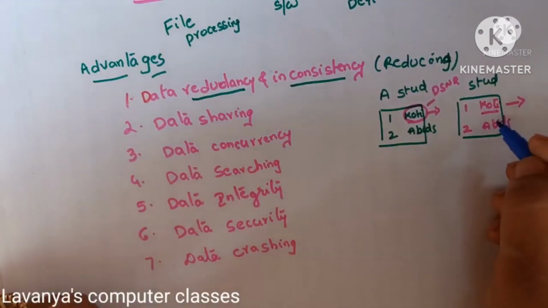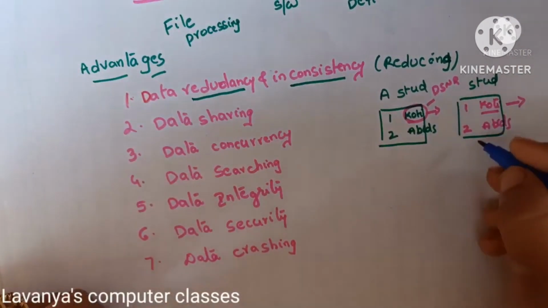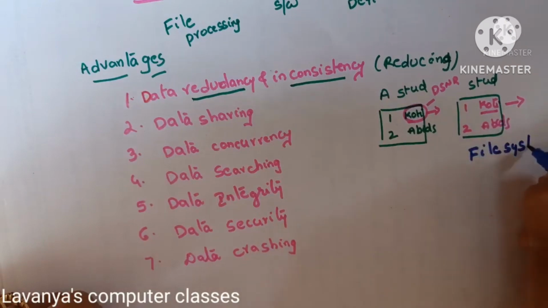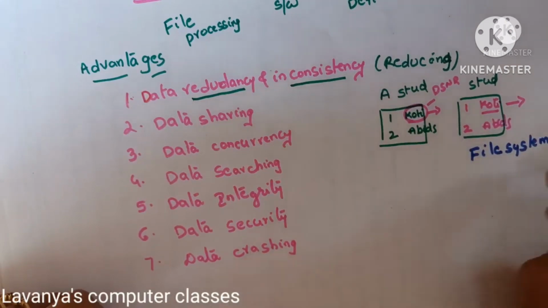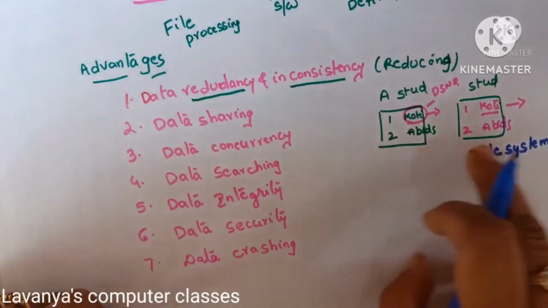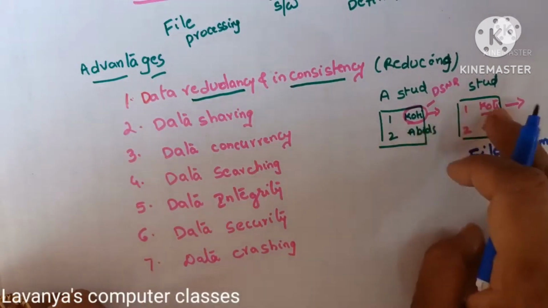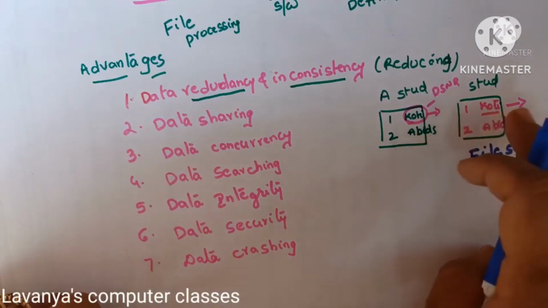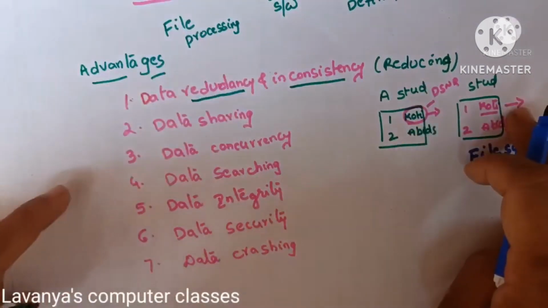So these are the problems in the traditional file system. Why? Because in the traditional file system data is repeated in a number of places. The same data is stored in different places. If any modifications are applied, they are applied in one place and not in another place.